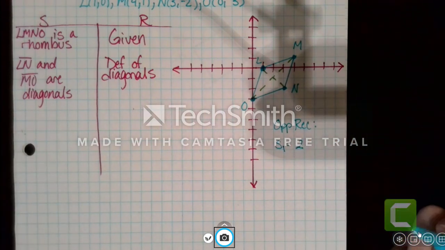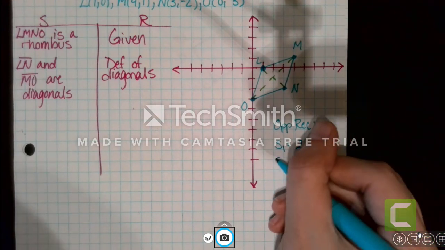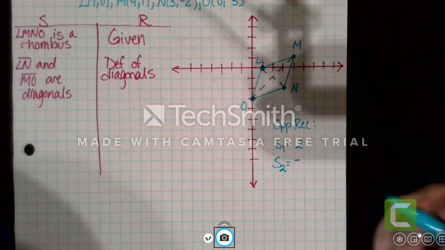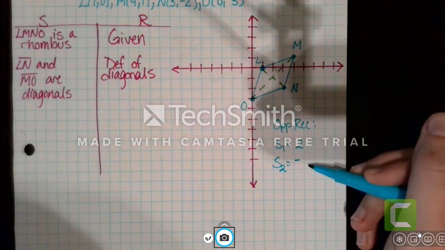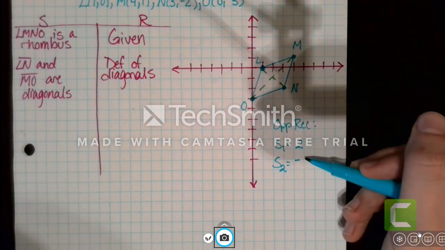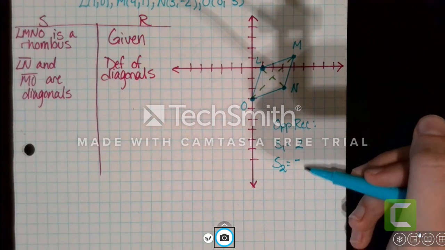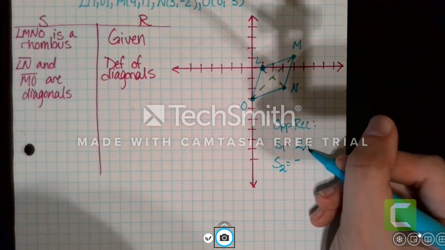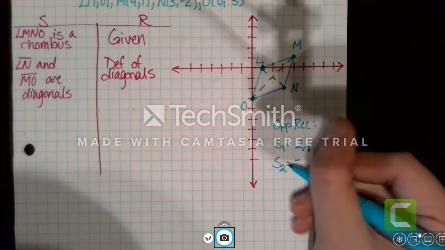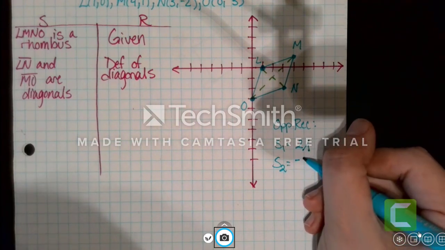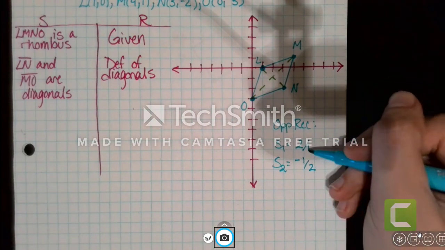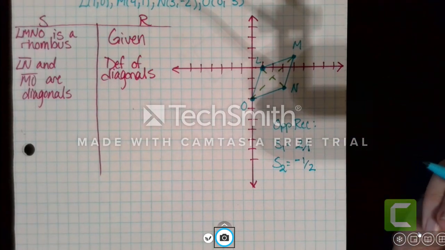The opposite reciprocal of a slope of 2 would be an opposite sign, so it would go from positive to negative, and your fraction would flip. That's what reciprocal means. Your fraction flips on itself. So in your first slope, it's 2 over 1, which means here for slope 2, you would have negative 1 over 2. These two slopes would be perpendicular to each other in a graph.